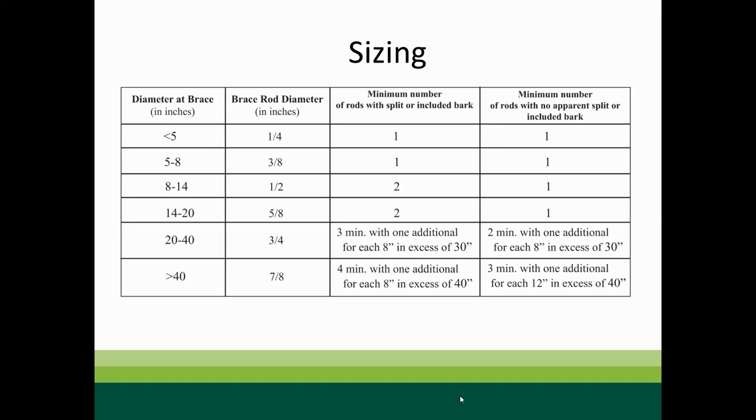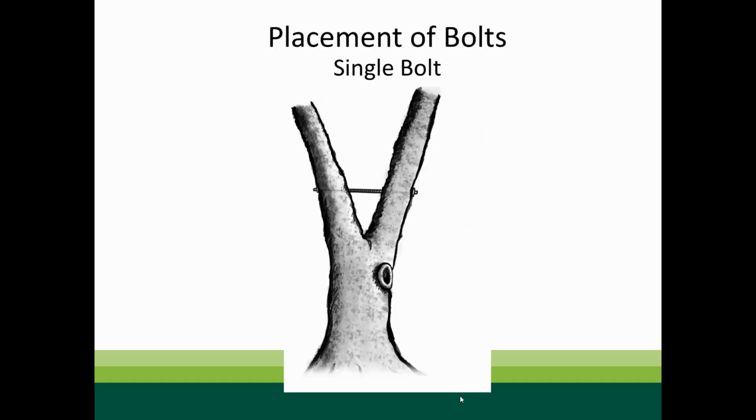So you need 4 at 38 inches, right? Most of the time when we're bracing, it is because it is split or included bark, very severely included, decay, it's cracking. It's a reactive step that we're taking to preserve that tree.